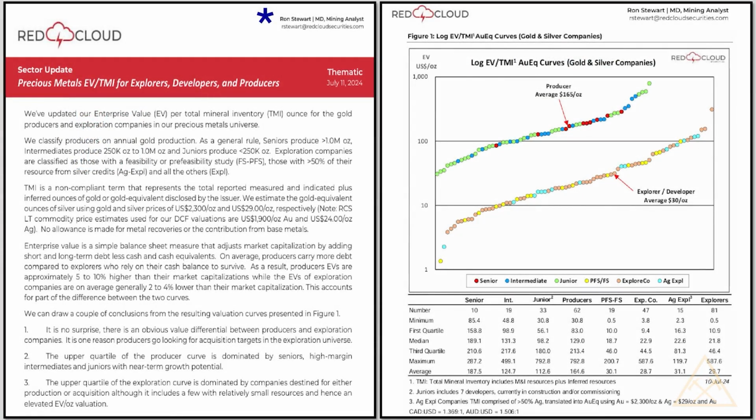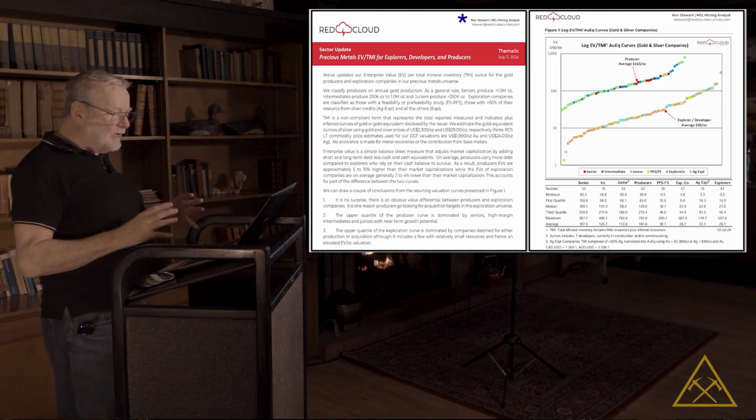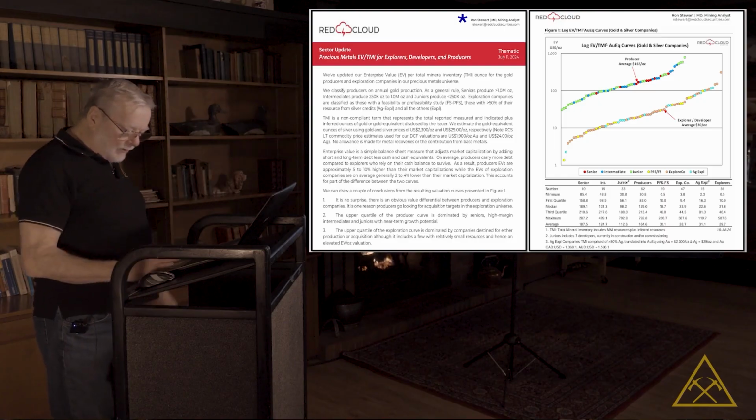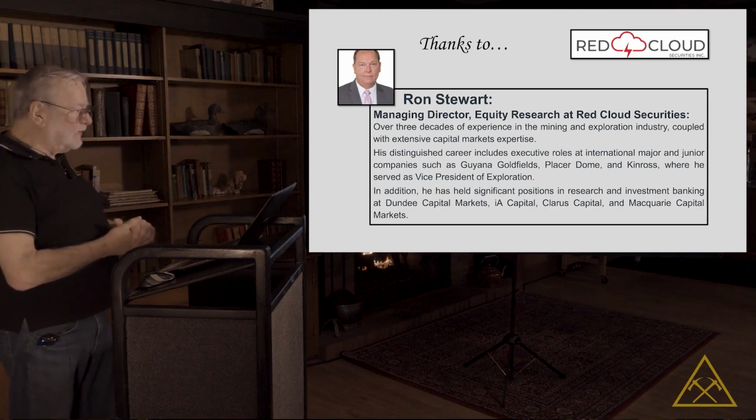And then Red Cloud. They got into some serious evaluations. It's a little more detailed and complex to read, but if you're interested in building that spreadsheet on your own and understanding this, then you want to read through all this. The Red Cloud one was done by Ron Stewart. He's Managing Director of Equity Research at Red Cloud Securities.